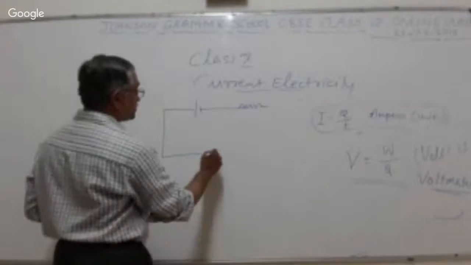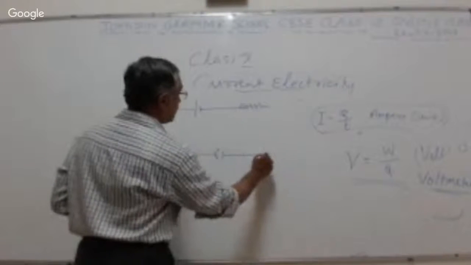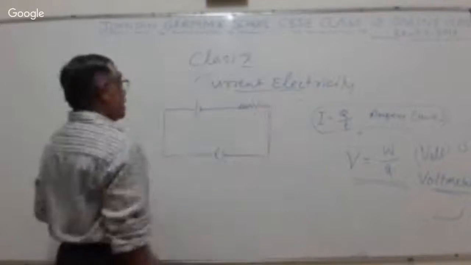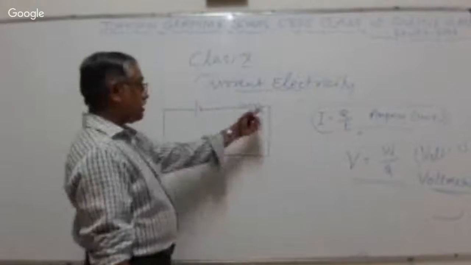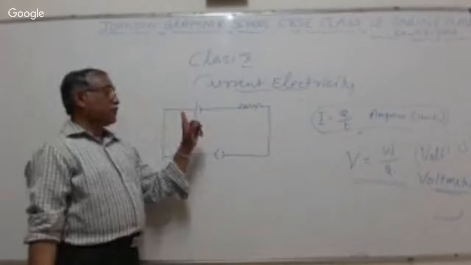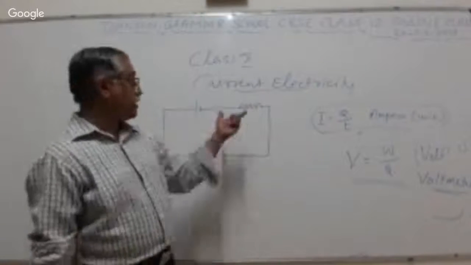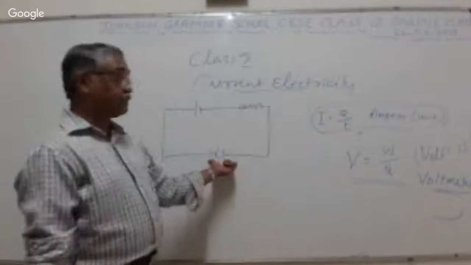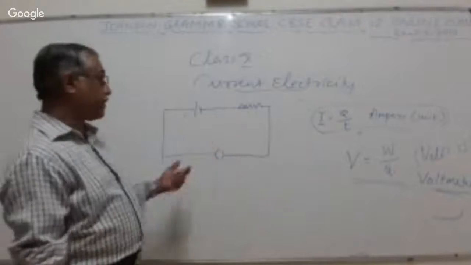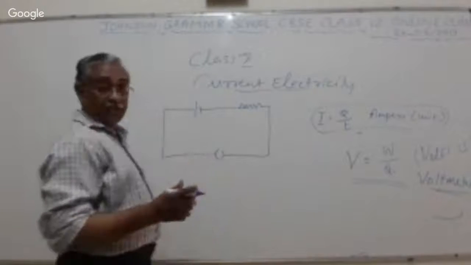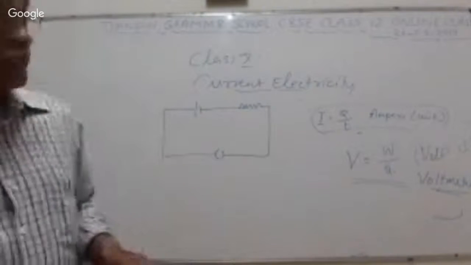And of course there is a control using a key or switch. So this is the basic part: three components, the source of electricity, the consumer of electricity, and the switch or key. Now we have to measure the voltage and current in the circuit.